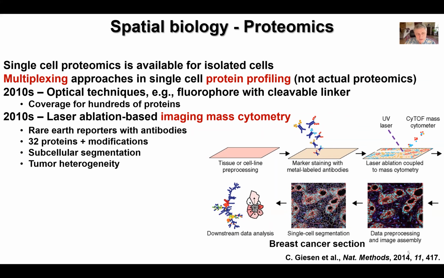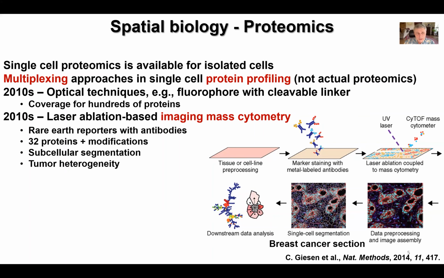Of course, single cell proteomics is available for isolated cells. There are really wonderful studies showing more than 1,000 proteins identified in individual human cells. However, when it comes to tissue-embedded cells, this requires different techniques.